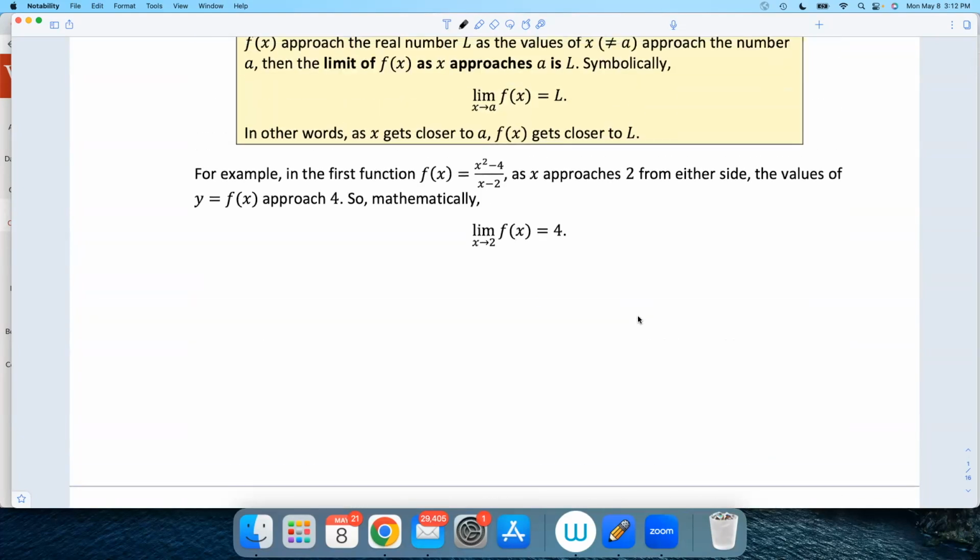Okay, one way to estimate a limit is just by building an XY chart. Now, you can never prove a limit using these tables we're going to build. These are just to get a gut feeling about what a limit might be. So we've got this function here.